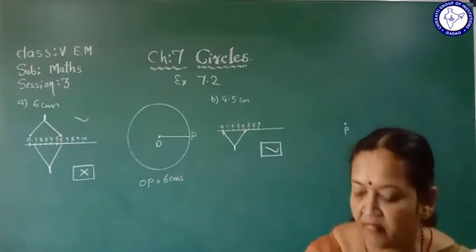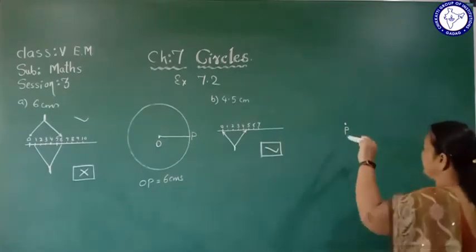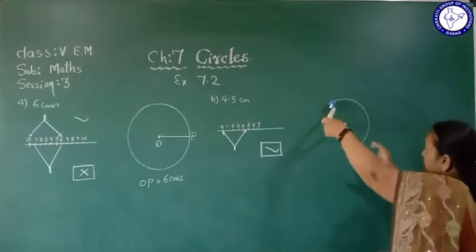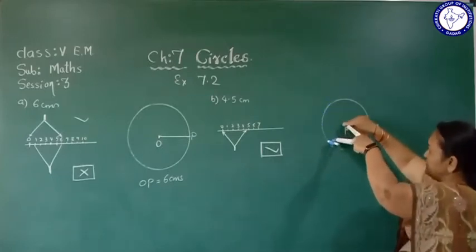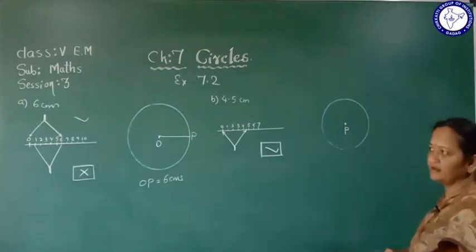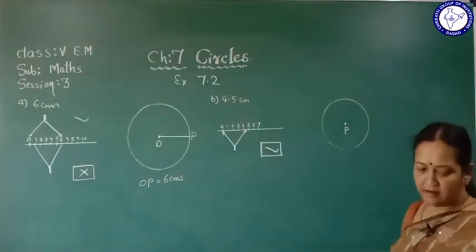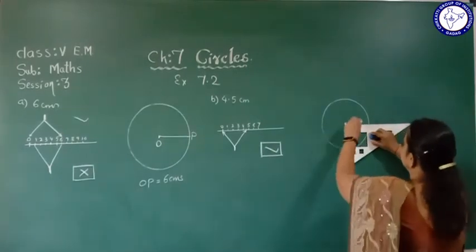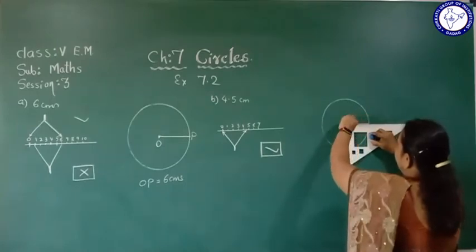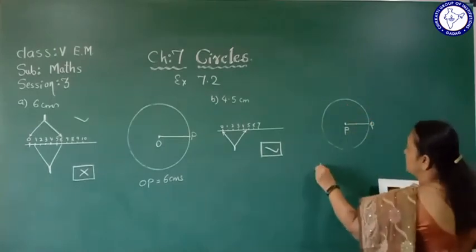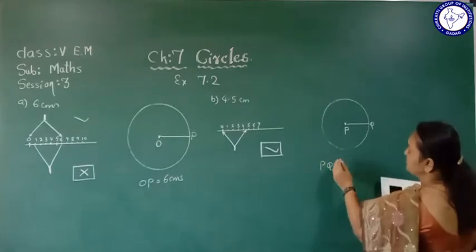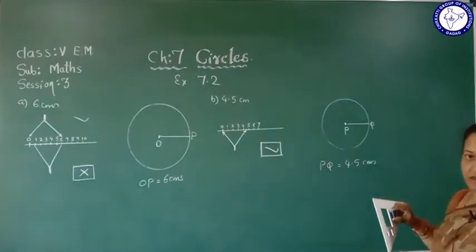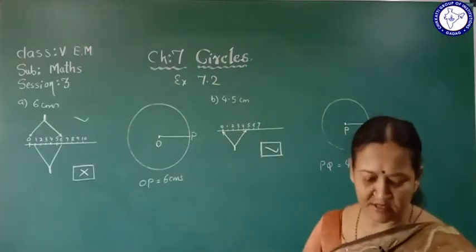Then keep on the center of the circle and draw a circle of 4.5. Then mark a radius Q. Here PQ is 4.5 centimeters. This understood?